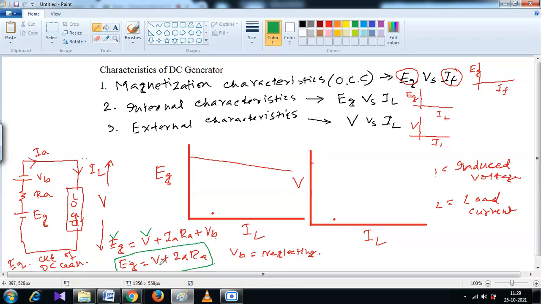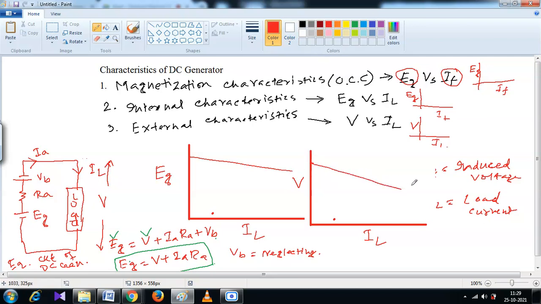And from that generator equation, we can easily see the values of EG and V. Which one is greater? Sir, EG.